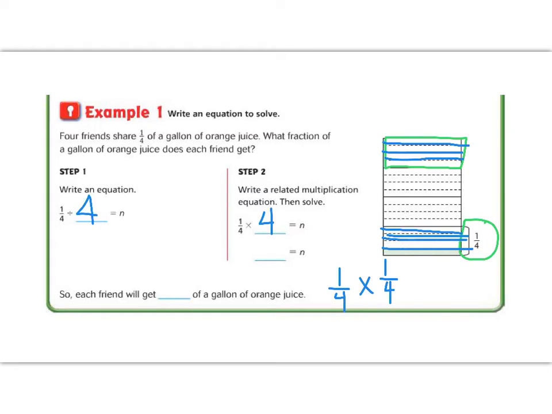If we multiply 1/4 times 1/4, we get our answer. 1 times 1 is 1, and 4 times 4 is 16. So each friend will get, they colored it in for us, 1 piece out of 16. Each friend will get 1/16.